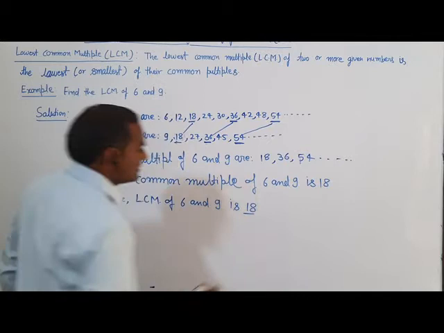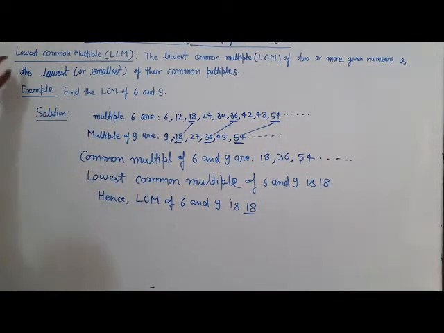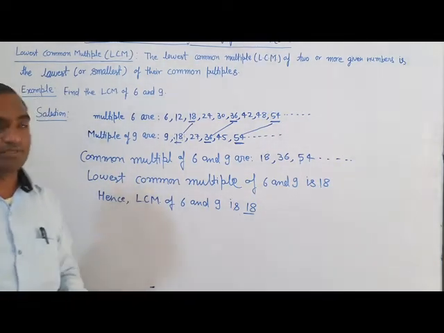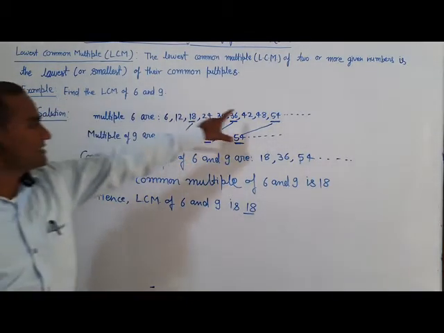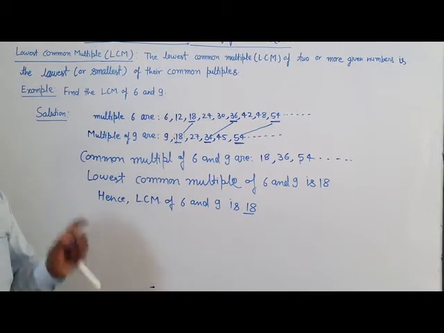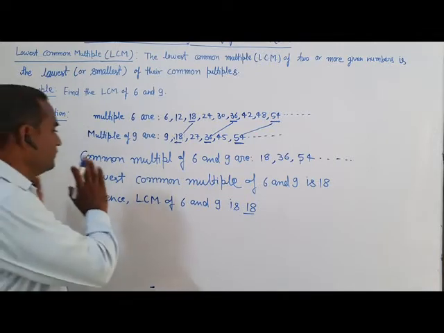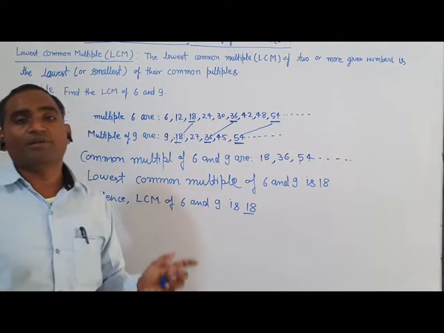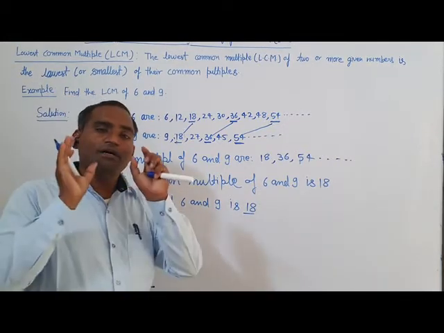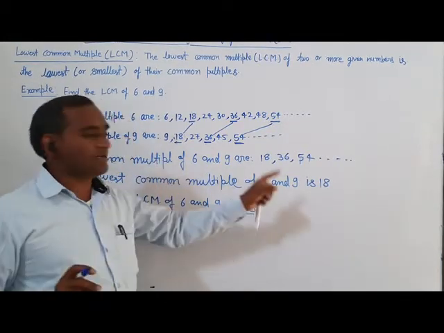In this way you can find the LCM, the lowest common multiple. First of all you have to find the multiples and see the common multiples, and if you get many common multiples of the given numbers, then you have to choose the lowest one among them.